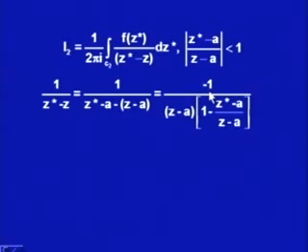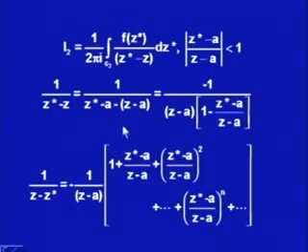So, this minus will be absorbed with I2, and accordingly if we expand it in geometric progression, we will have 1 upon (z minus a) into 1 plus (z* minus a) divided by (z minus a) plus (z* minus a) divided by (z minus a) whole square and so on, and nth term is (z* minus a) divided by (z minus a) raised to power n, and this series is a geometric series which will be convergent under this given condition.